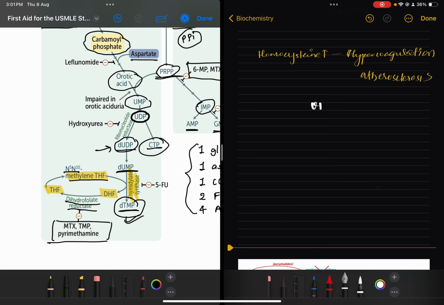So here it is uridine monophosphate. What will happen? It will first be converted into uridine diphosphate. This uridine diphosphate is converted into deoxyuridine diphosphate by the ribonucleotide reductase enzyme.